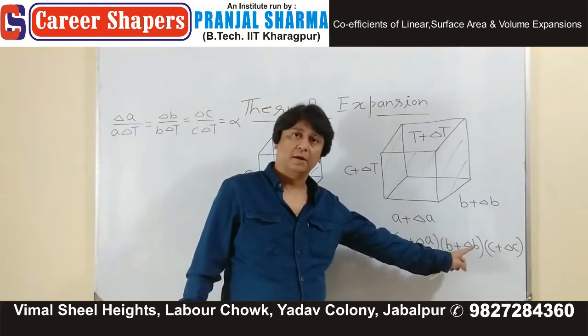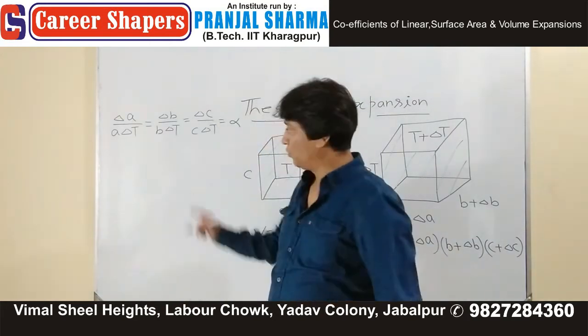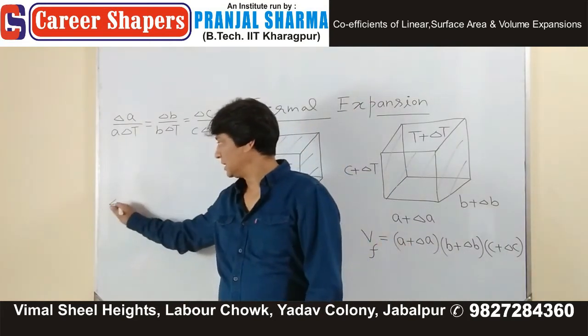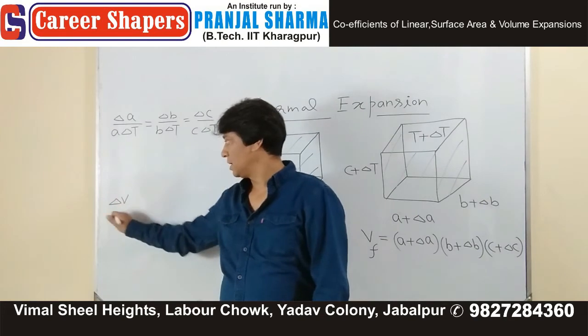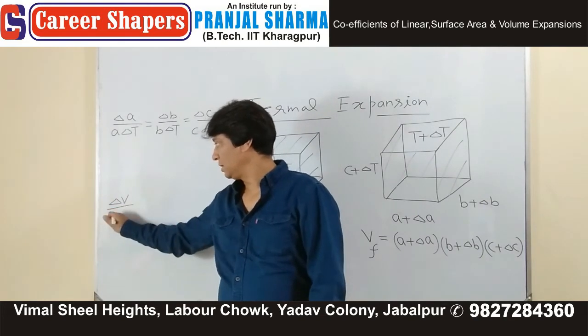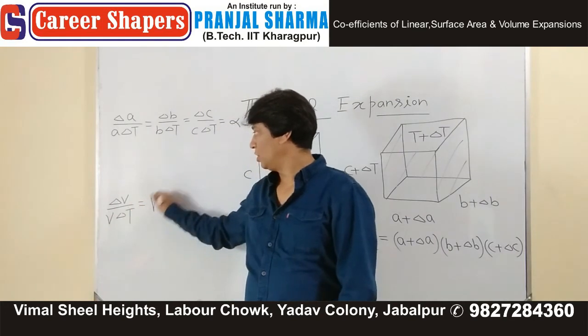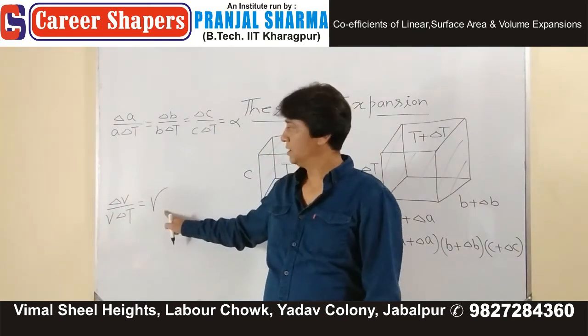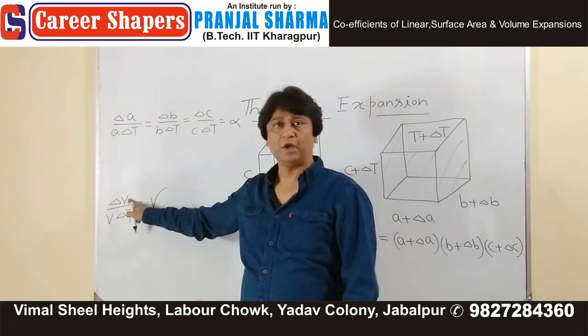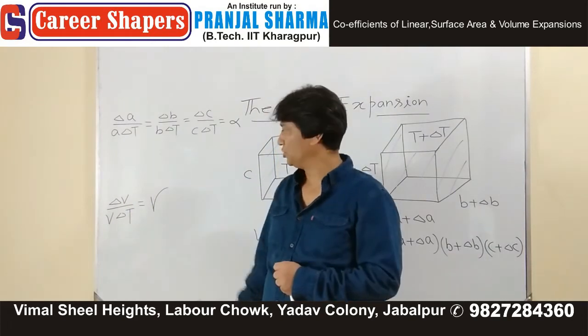Multiply and then go for this delta V upon V delta T. This will be called what? Gamma. What is delta V? V final minus V initial.